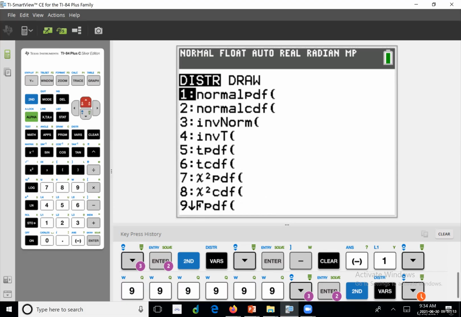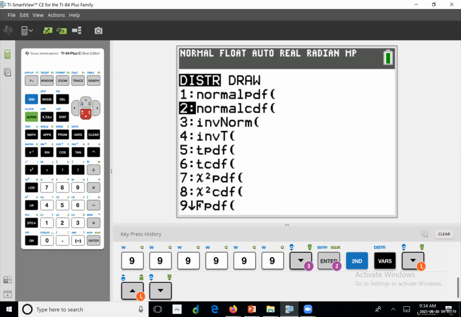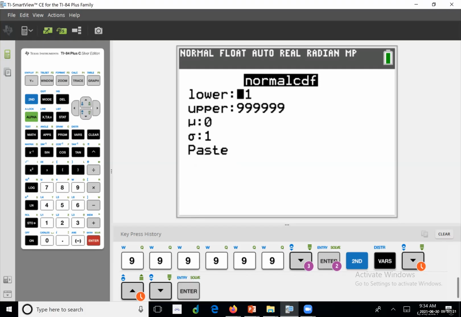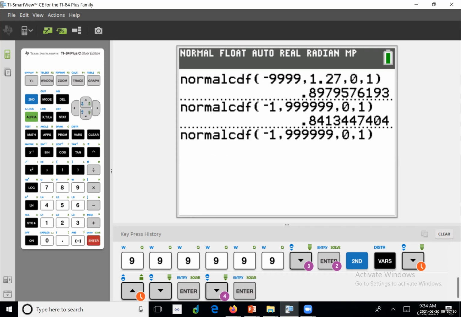But now we are just using normal CDF. Normal CDF, never normal PDF for this course. And then you go lower, then upper, then mu, and then sigma. And then close the parentheses. If you're using parentheses. If you're just entering them, you just enter them.